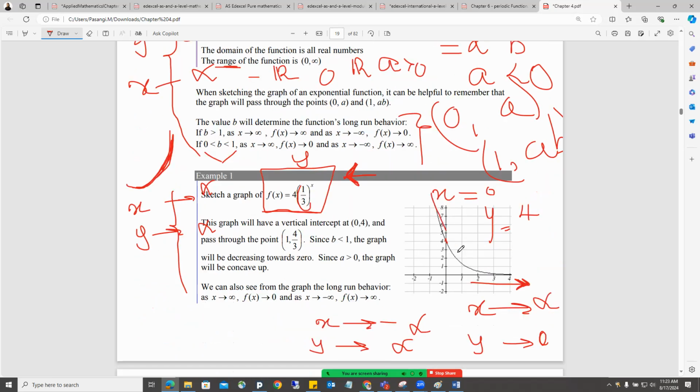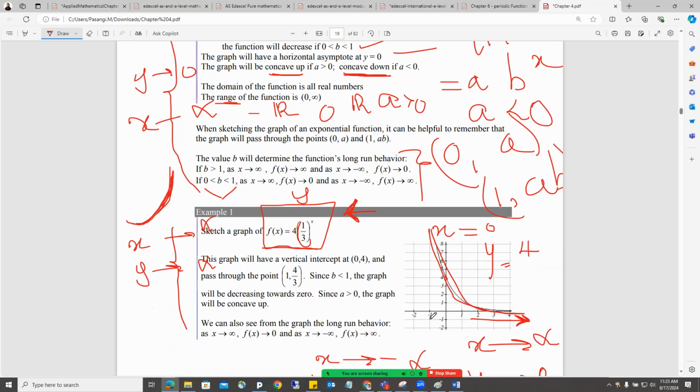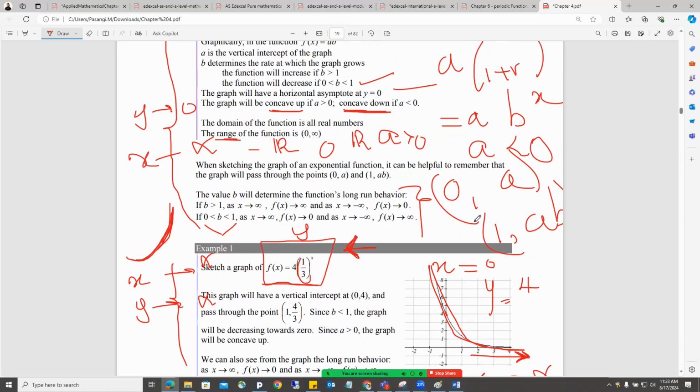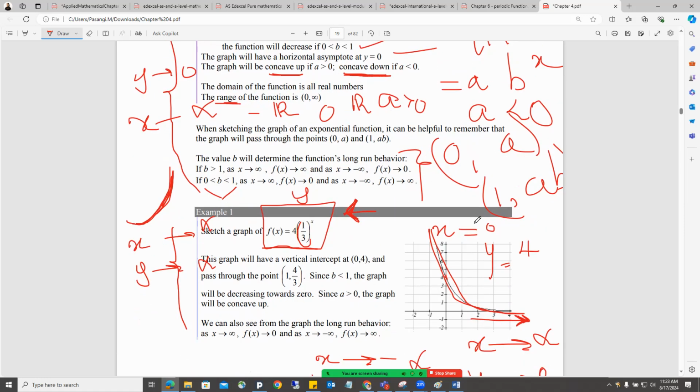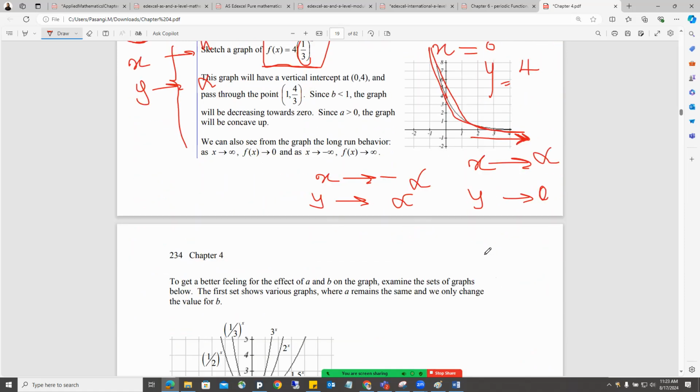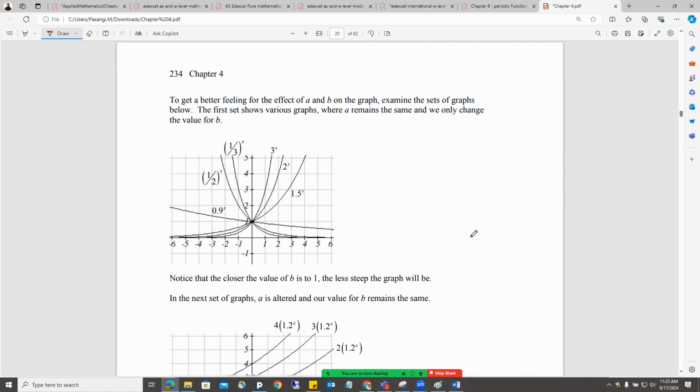So there we have the decay, a decreasing function, when the b value is in between 0 and 1. Is it clear for the whole set of graphs? That's the only thing you need to know of these exponential curve graphing parts. Is it clear for you? Are you sure? Yes.